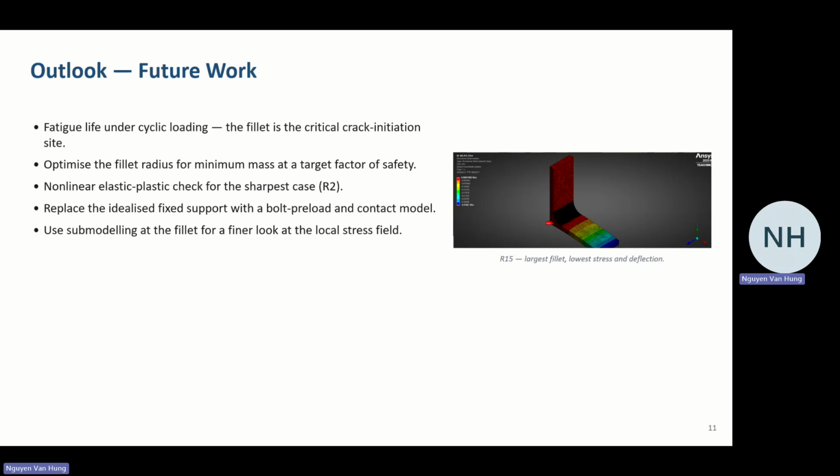Run a nonlinear check on the sharpest case to confirm no local yielding. Model the bottom joint with preload and contact instead of a perfect fixed support. Use submodeling at the fillet to look at the local stress in finer detail.